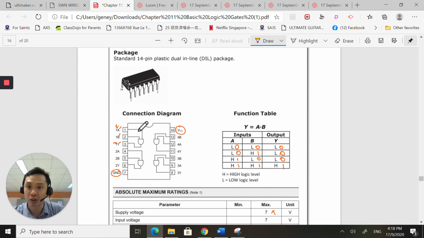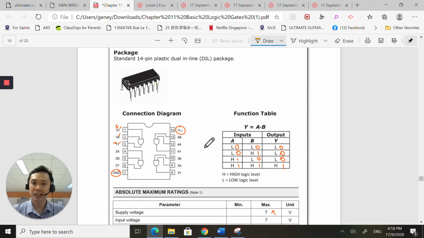Look for the notch or look for the dot. The pin next to it will be the number 1 pin, and you count from there. Again, if you're not sure, don't ask me, don't ask the friend beside you, look for the data sheet. It will give you a very clear and concise diagram to show you the pin numbers and the truth tables.